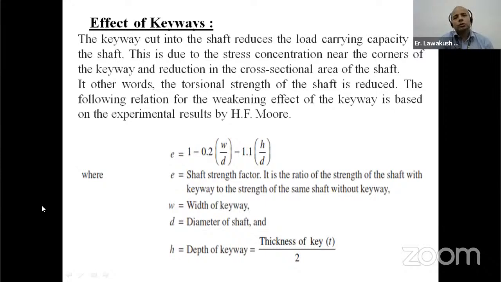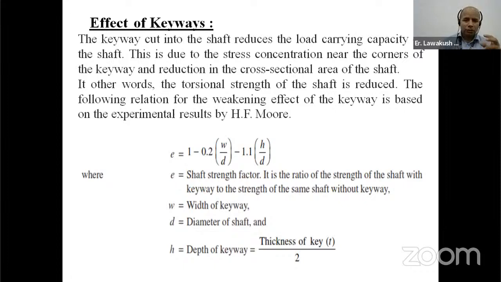Now we will go through the effect of keyway. We discussed earlier the keyway, which is used two or three times, so we should know what the keyway is and what the effect of keyway is. First of all, you should know what a keyway is.